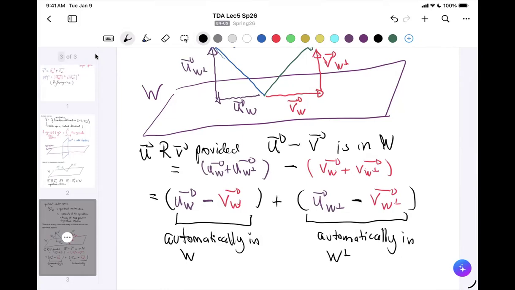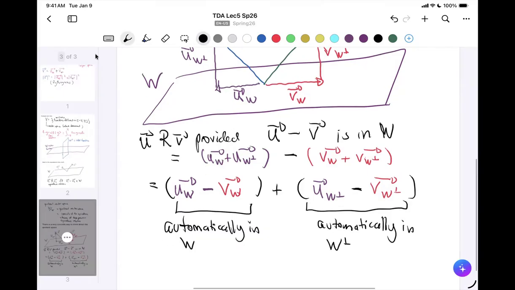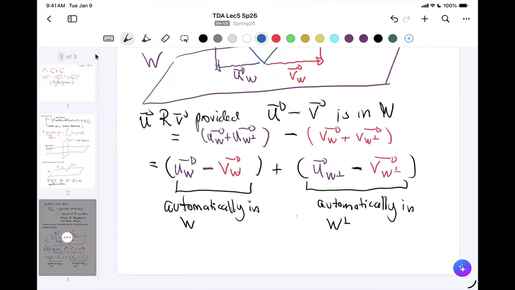Right, so if you want the difference to be just in W, that forces this one to become zero. For them to be related, the condition is for their difference to be in W, so you can only have this factor. So this has to be the zero vector. To get something in W, you need this to be zero.